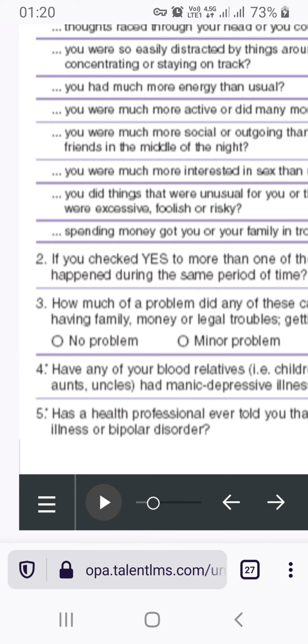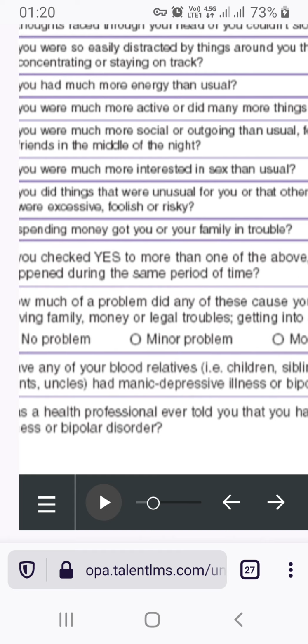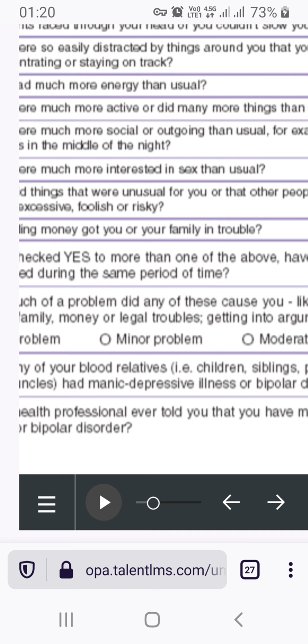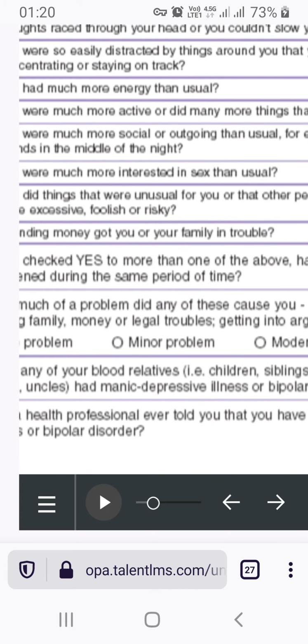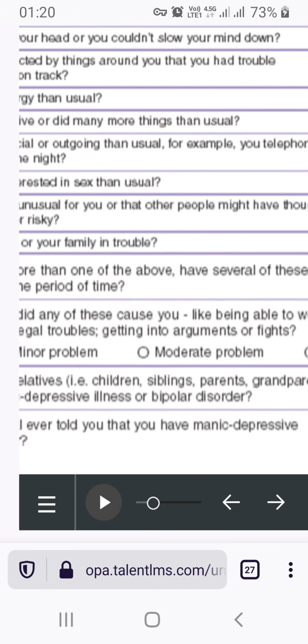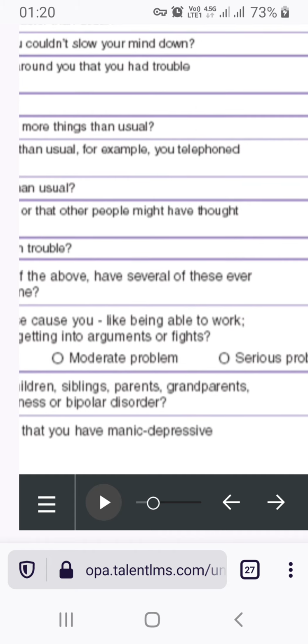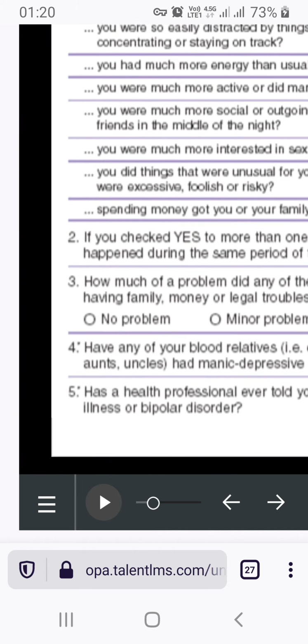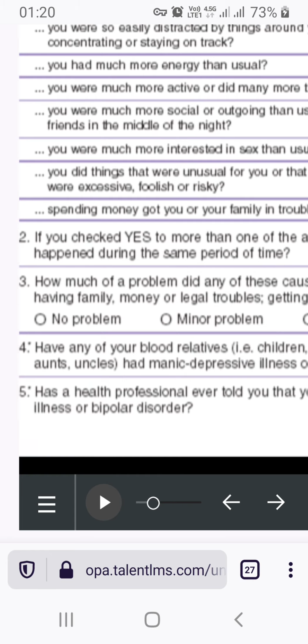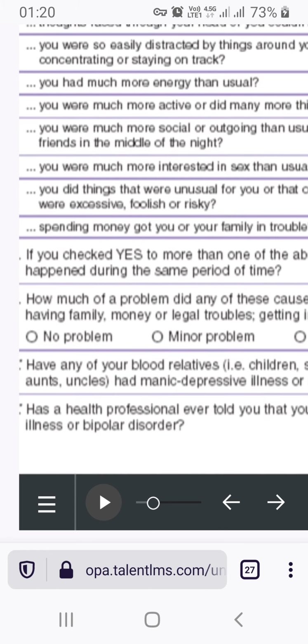Spending money got you or your family into trouble? If you checked yes to more than one of the above, have several of these ever happened during the same period of time?